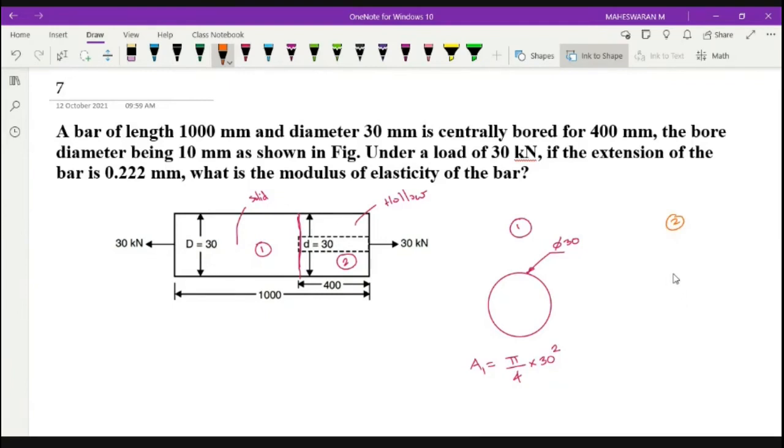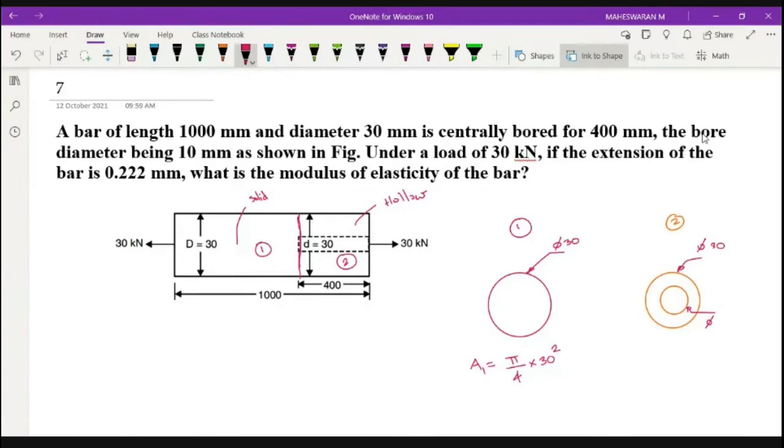The second part, if I consider, it is a hollow circle. You have one circle, inside you have another circle. It is something like this. One is having a diameter of 30, other you have a diameter of 10.